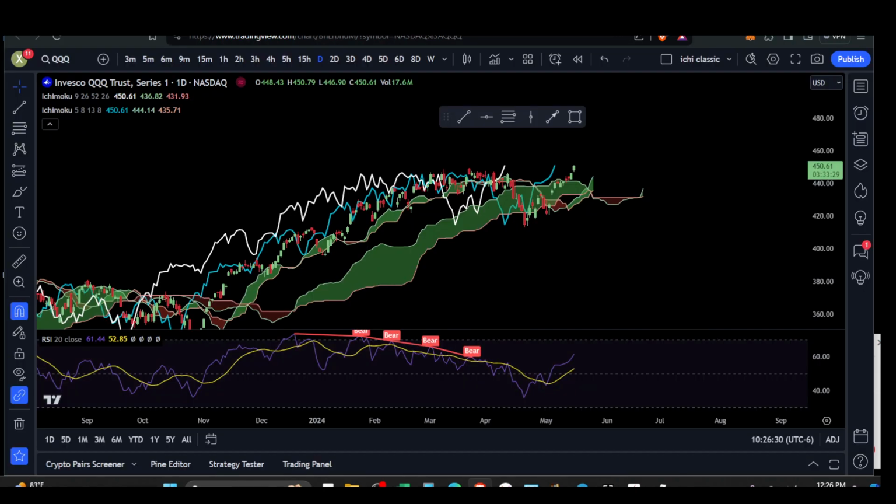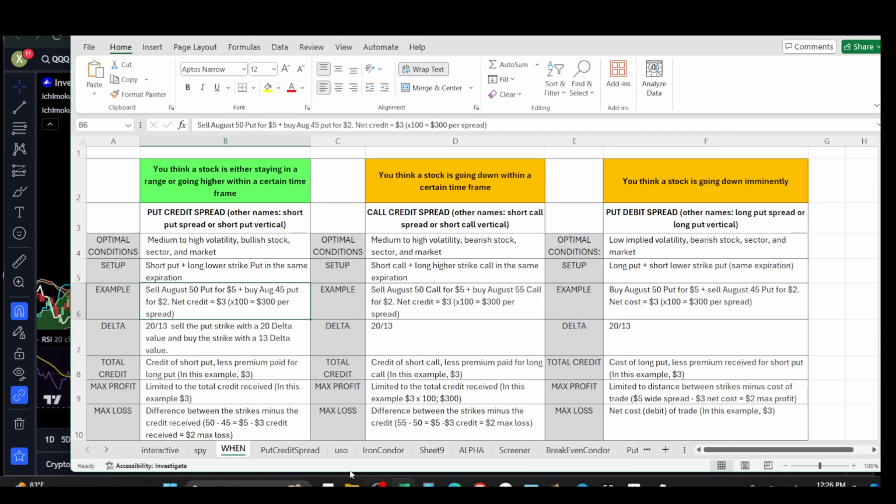So right now, I'm looking at QQQ, and on the daily it broke the high, so probably it will go up higher. I have a little cheat sheet for options, right? You think the stock is either staying in a range or going higher, so of course I'm going to use a put credit spread for QQQ. Interesting, right?